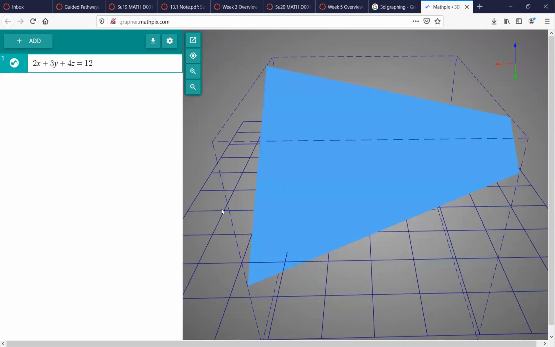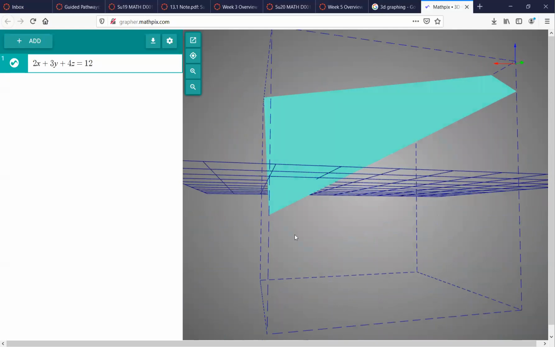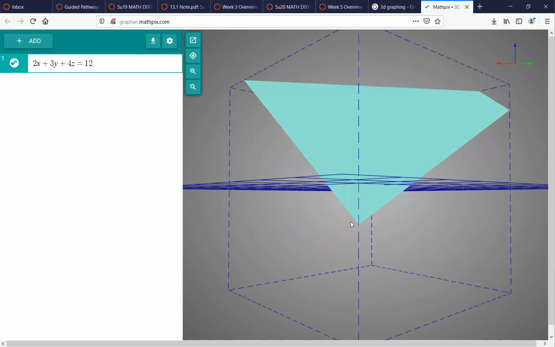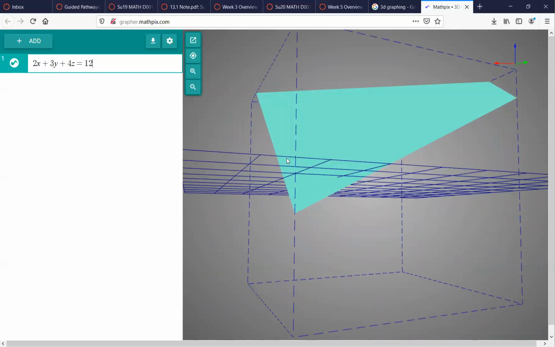Plug in x equal to 0, then you get 3y plus 4z equals 12, or you can just set x and y equal to 0, then z is equal to 3. You can set z and y equal to 0, 2x is equal to 12, you get x equals 6, and so on. So this is your plane. Of course, this plane continues.